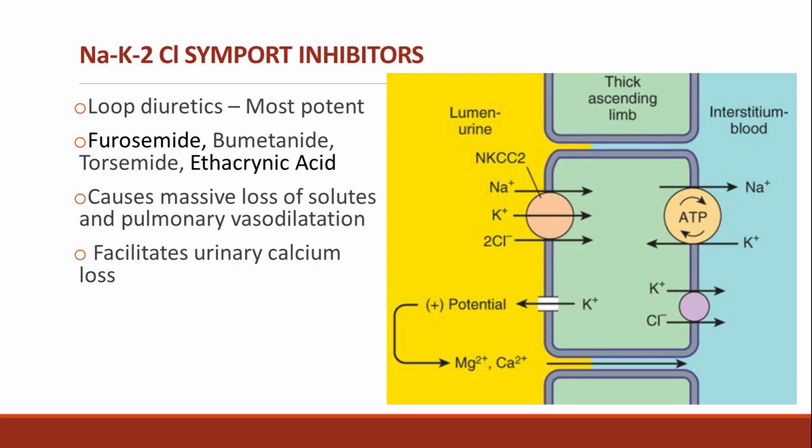Their powerful natriuretic effect makes them useful in treating severe edema due to heart failure, liver cirrhosis and nephrotic syndrome. They also increase calcium and magnesium excretion, making them useful in hypercalcemia.